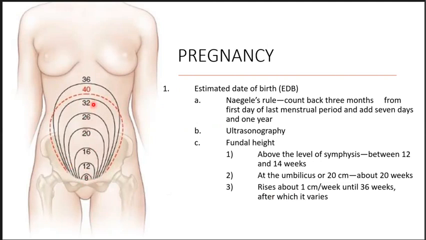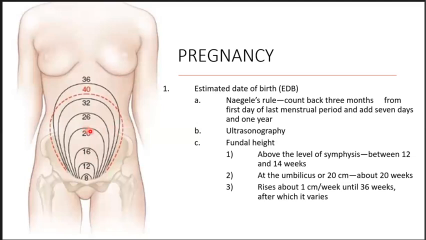to the top of the fundus. So if it's about the level of the symphysis pubis, that'll be between 12 and 14 weeks. That will be your estimation. If it's at the level of the umbilicus or at about 20 cm on your tape rule, that tells you your pregnancy should be estimated at about 20 weeks.